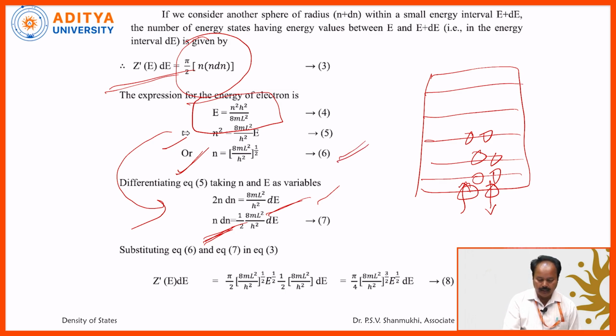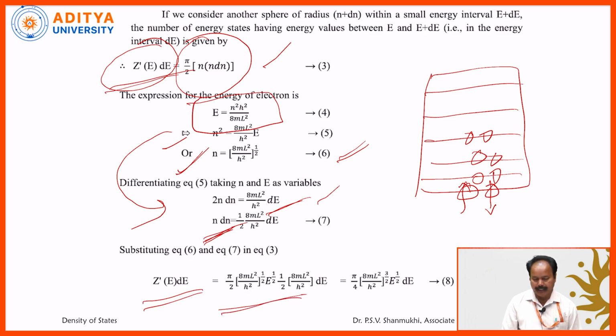So, generally the density of available energy levels is given by pi by 2 into n square dn, or n into n dn. Substitute these two in the above equation, we get Z of E dE is equal to pi by 2 into (8 m L square by h square) whole power half, that is n, E power half, into half 8 m L square by h square into dE.